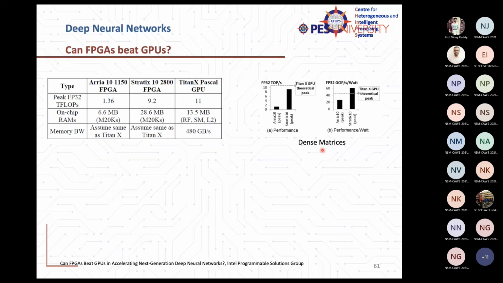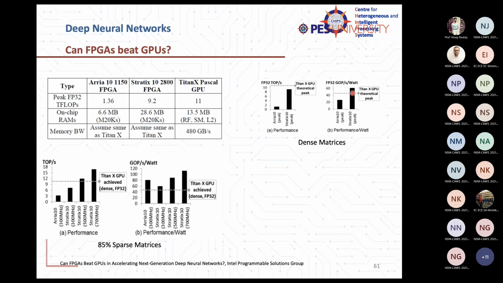When we look at floating point operations, what you see here in the graph are these two FPGA devices, and this is the theoretical peak that you see in dotted line, which says that in terms of floating point operations, yeah, GPUs are way better. But when I say floating point operations per second per watt, in terms of energy efficiency, FPGAs reach higher.